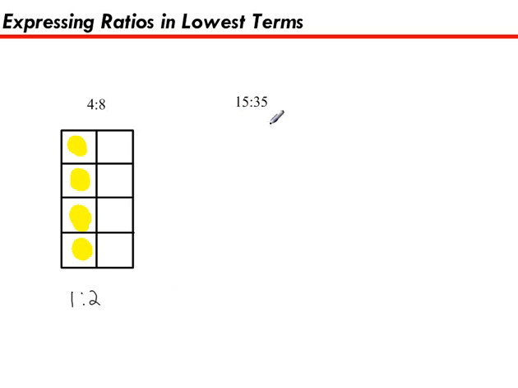15 out of 35. Now I won't go ahead and draw all the squares because, well, that's a lot of squares. I need to draw 35 of those squares. But what we're doing to put something like this in lowest terms is we're trying to find the largest number that we can divide into both of these numbers, the 15 and the 35. So I'm going to write down the 15 and the 35.